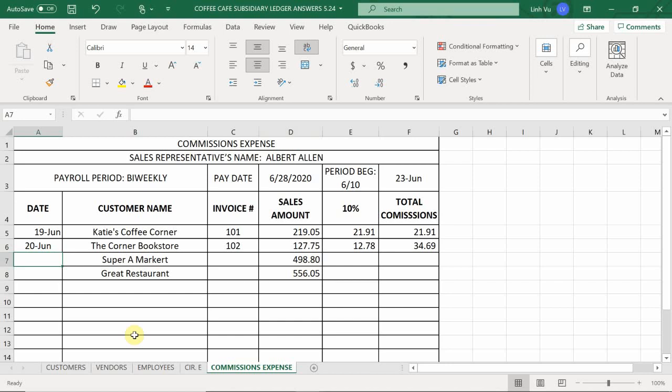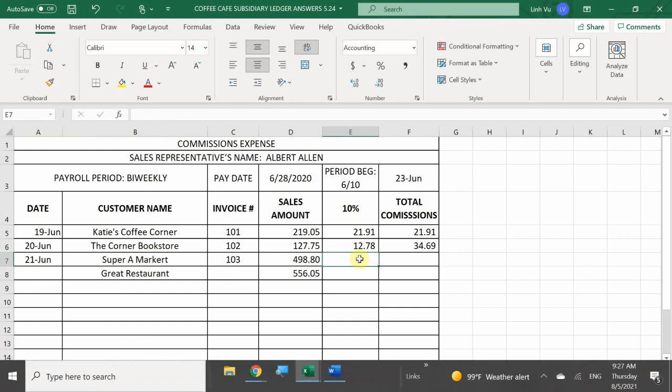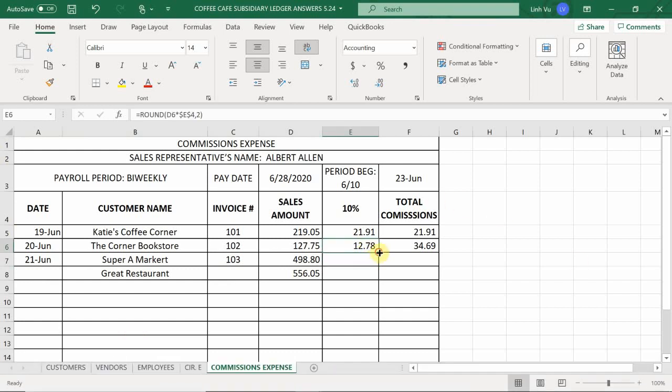We delivered to Super A Market. We put the date and invoice 103. Sale amount was $498.80. Our 10% would be $49.88. Good. So that would bring his total commission to $84.57.